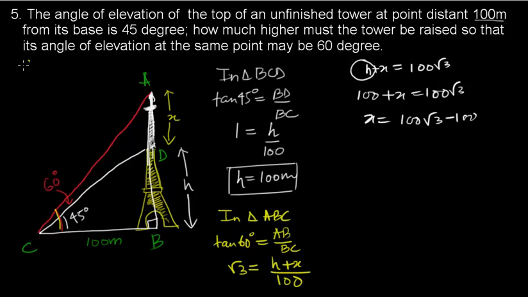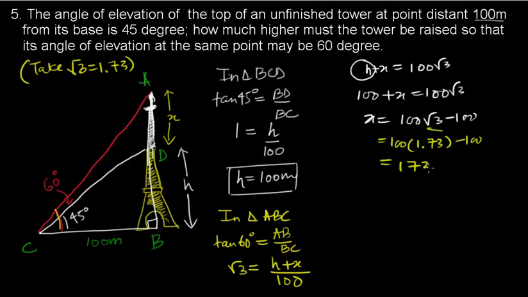Now the value of root 3 is 1.73. So 100 into 1.73 minus 100 gives 73 meters.